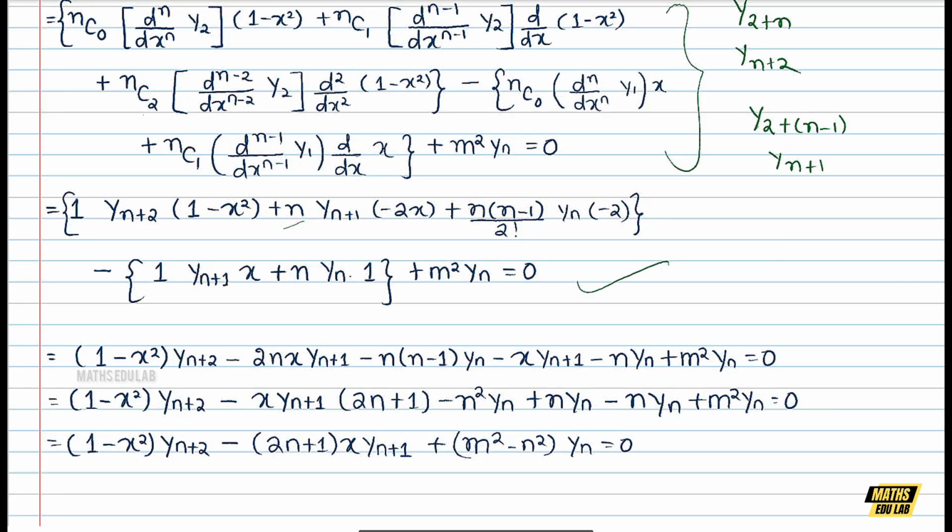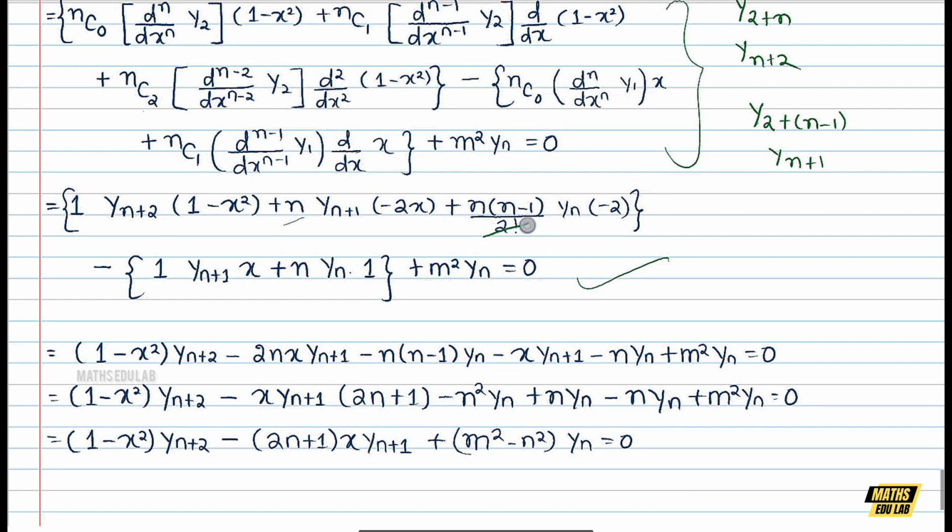Now by rearranging this equation, we will get 1 minus x square y(n+2). Then here minus 2x n y(n+1). And here 2 factorial and 2 will get cancelled out. And this minus will multiply in the bracket, so it will be written as minus n into n minus 1 yn.